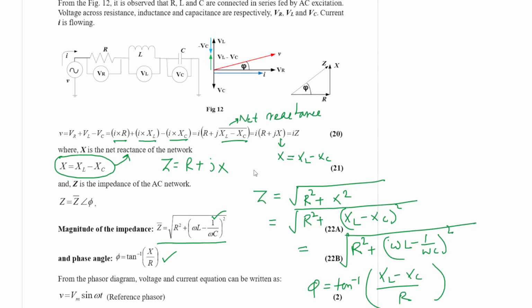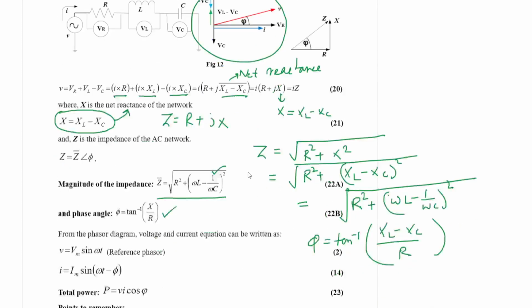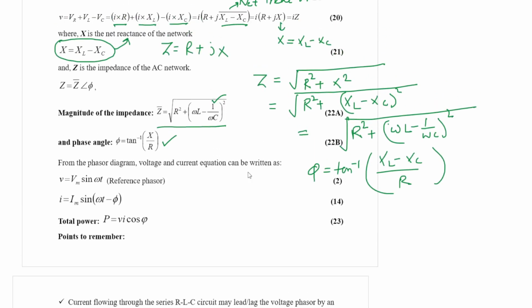From the phasor diagram, it is observed that the current is lagging the voltage by some angle phi. Similarly, the power consumed in a series RLC circuit is also V into I into cos phi, just like we found in the case of series RL and RC circuits.